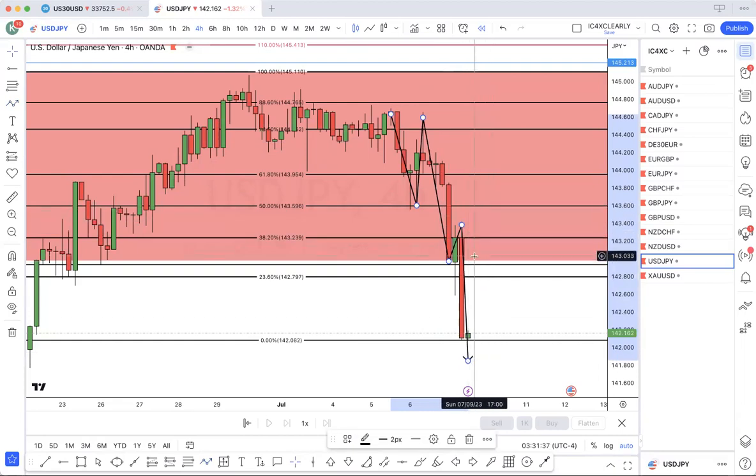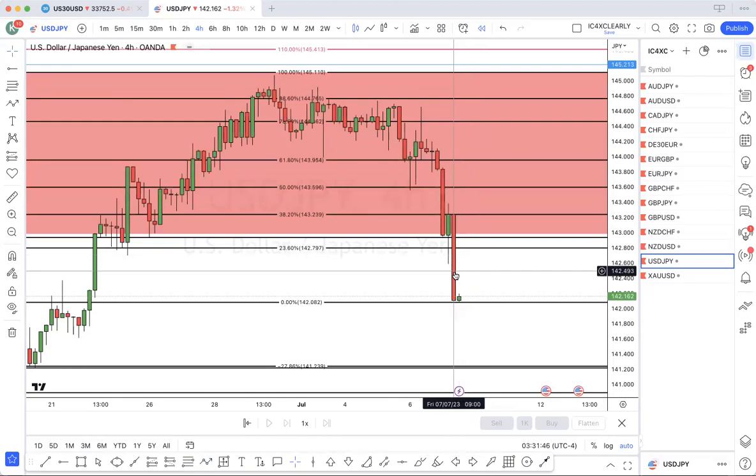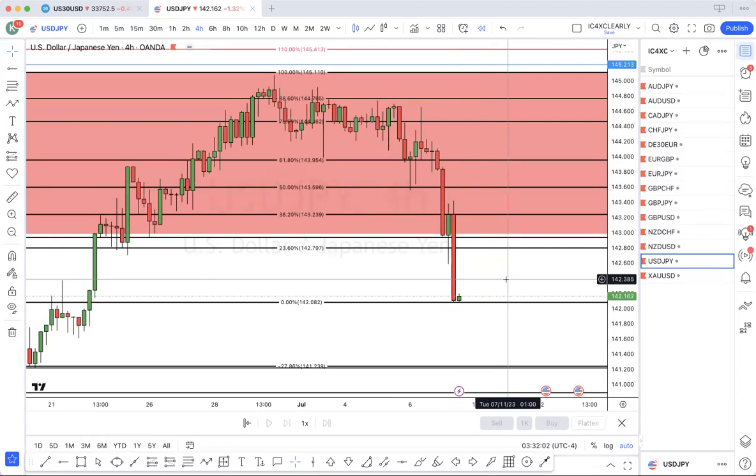So even if price breaks, maybe it'll just pull back to the 23.6 or the 38.2, or maybe it'll wick into the 50% and then drop some more.